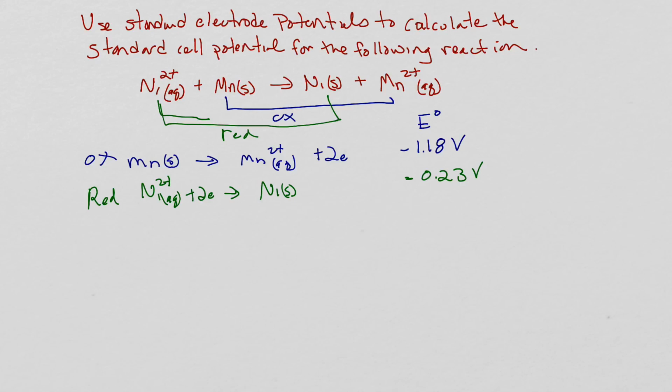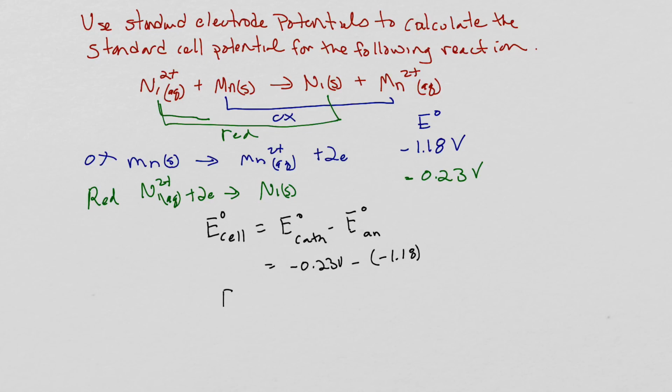So remember, our E cell equals E cathode minus E anode. So that's going to equal our cathode, that's where reduction takes place, so negative 0.23 volts, minus our anode where oxidation takes place, minus 1.18 volts.